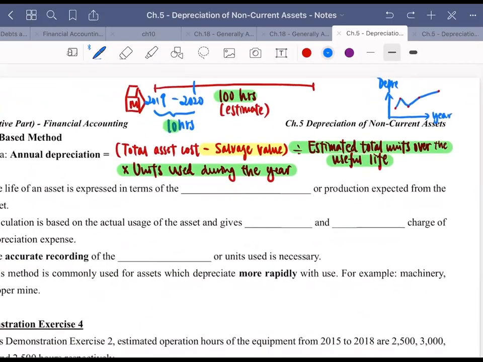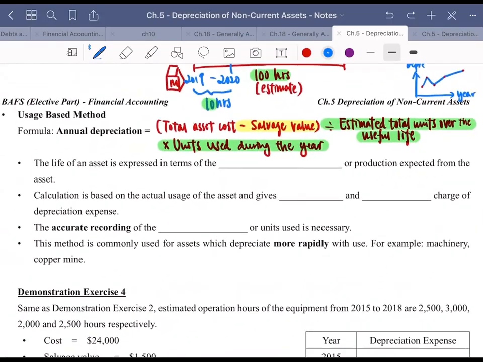Last time we demonstrated the formulas, and now I'm going to talk more about the characteristics of the usage-based method. Firstly, this would be expressed in terms of the total units of usage or production.